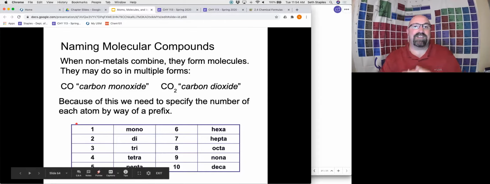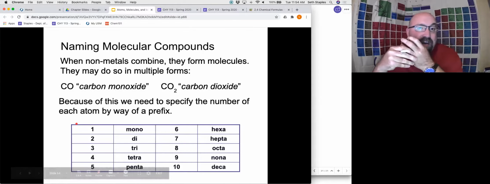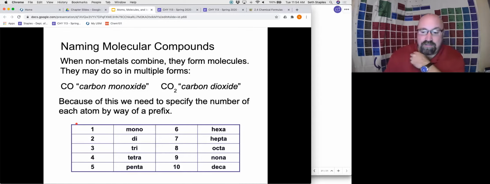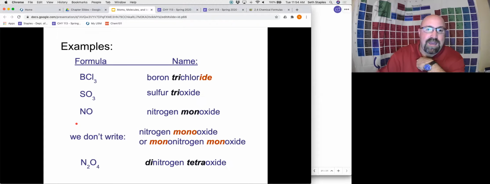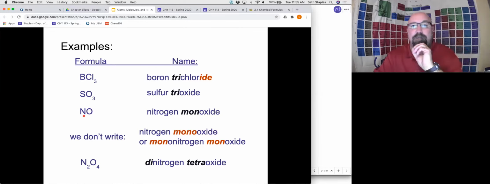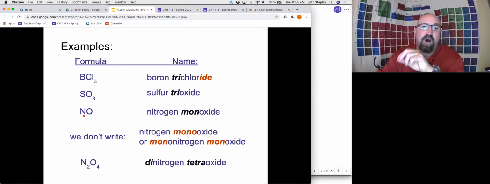That specifies how many of each atom we actually have, and we're going to put that in front of each element in the compound. The only exception is if we have one atom and it's the first in the formula, then we don't include the mono. We can leave that off.